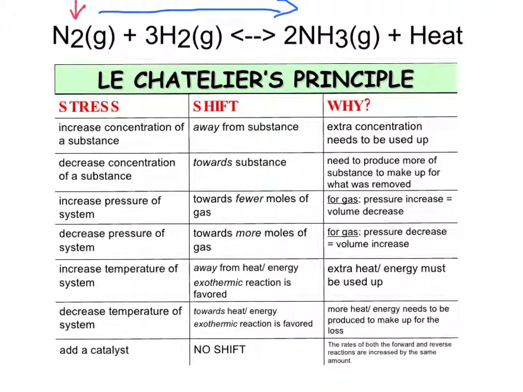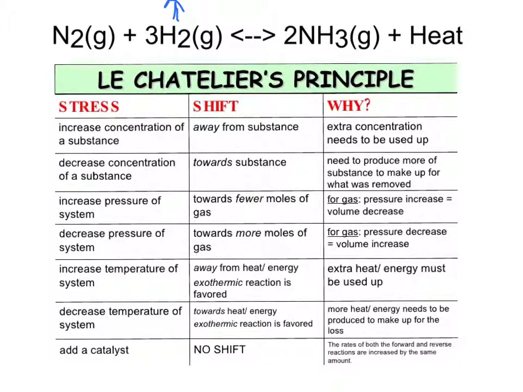Now let's do another one here. We're going to decrease the concentration of a substance. So let's say we're going to take away H2. And what does it say here? It says that when we decrease the concentration of a substance, we're going to shift towards the substance.